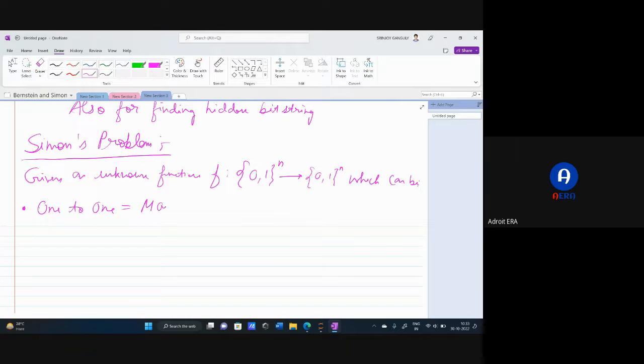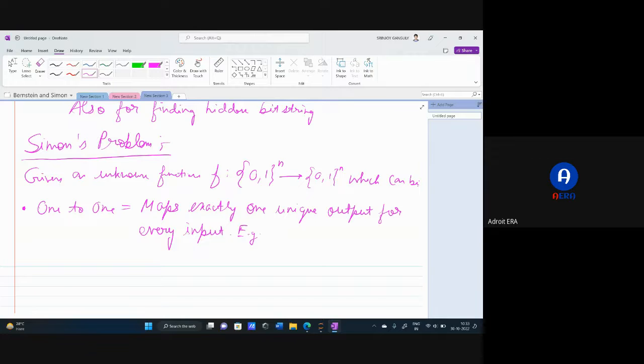Maps exactly one unique output for every input.